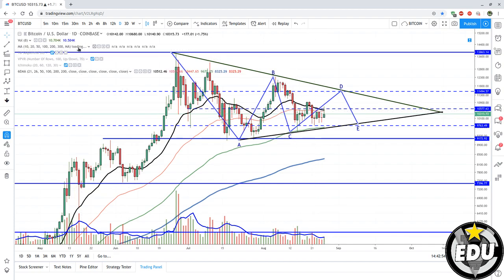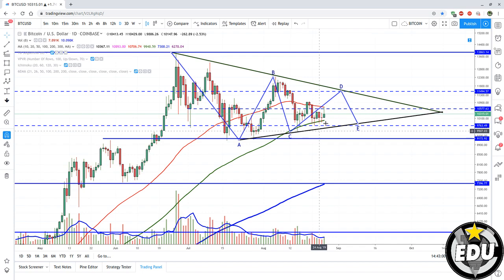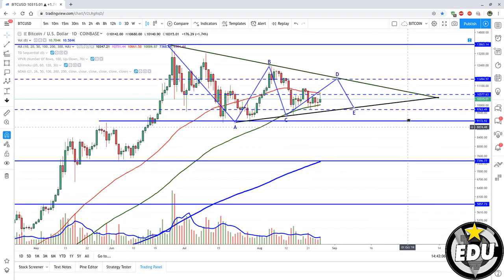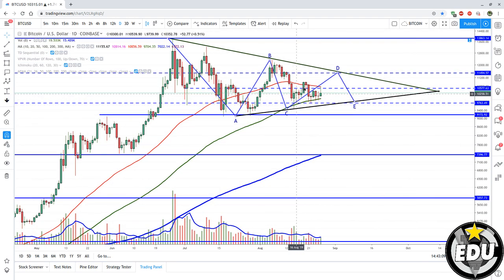If I can add the MAs also, they are kind of getting closer. We have to be careful at this cross between the 50 and the 100, because that's the one that might cause some damage. Right now price is actually bouncing between the 100 and the 50. That's why it's getting narrow. So wherever we break first, that might be a lead for the next move.